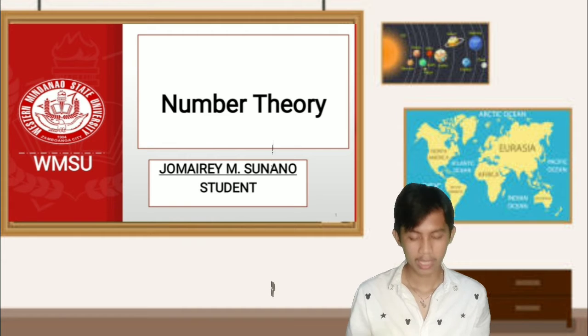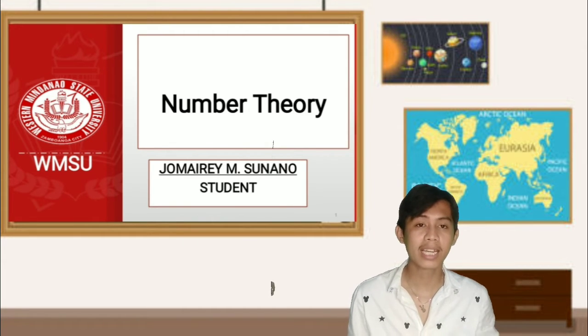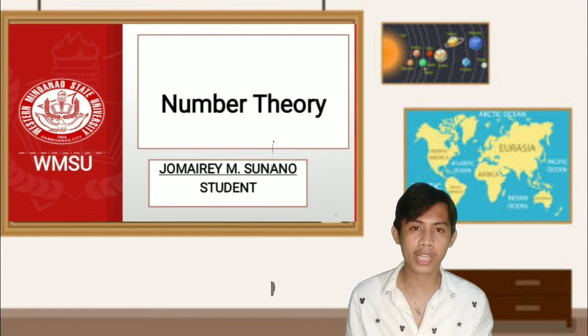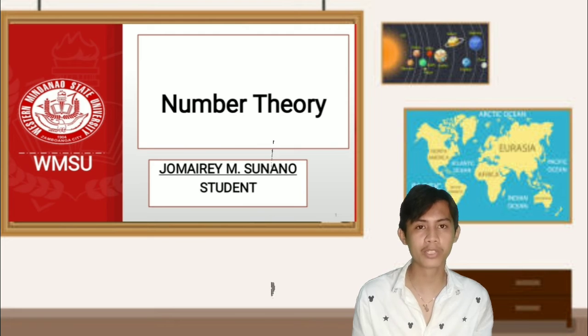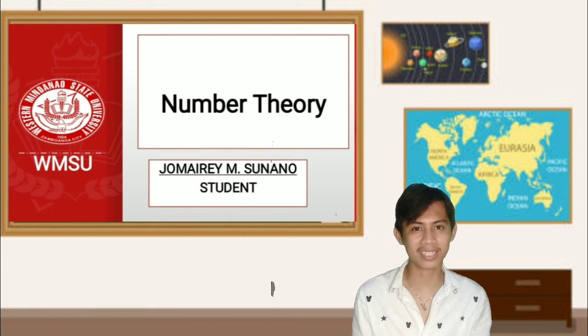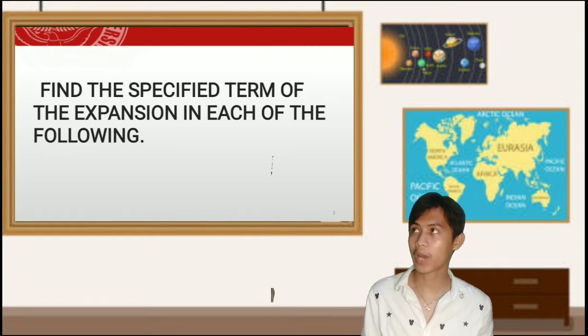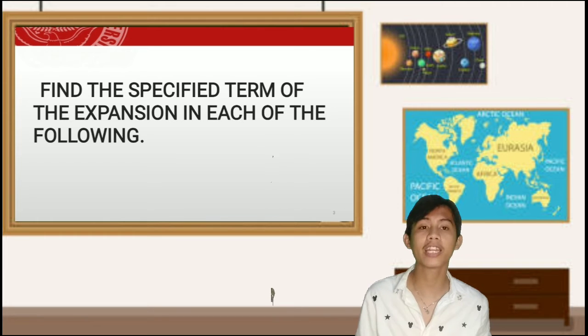So, the moment you shout the sound of your group name, you will be given a chance to answer the given question. So, let's try it. Our activity will be called Expand Me. The direction: find the specified term of the expansion in each of the following.